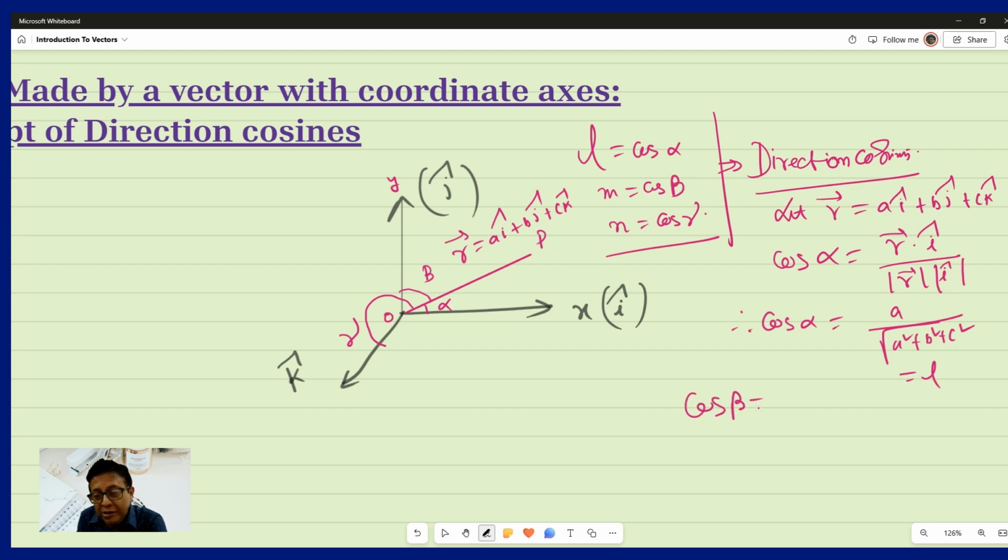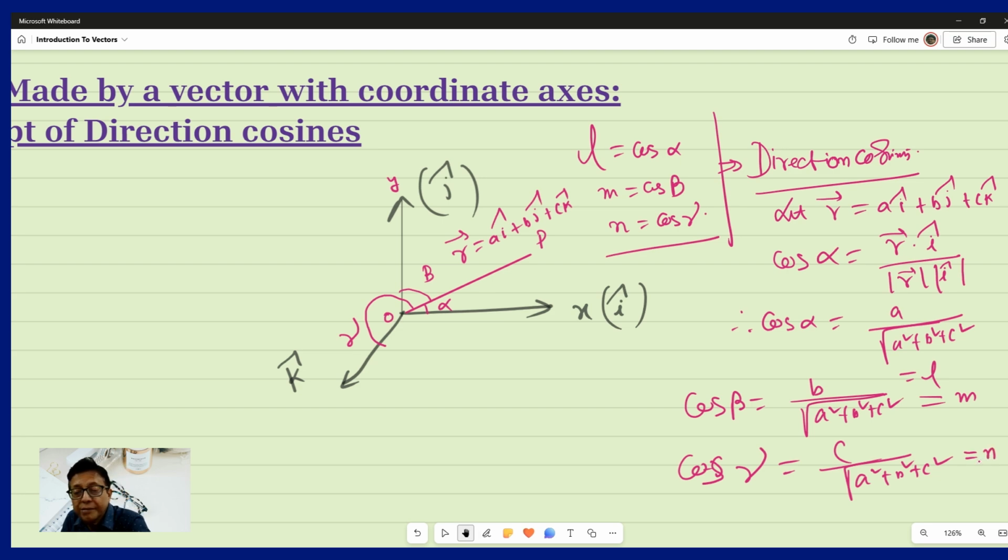Cos beta is what? B by under root of A square plus B square plus C square, and cos gamma is what? This is equal to N. L, M, N are direction cosines.